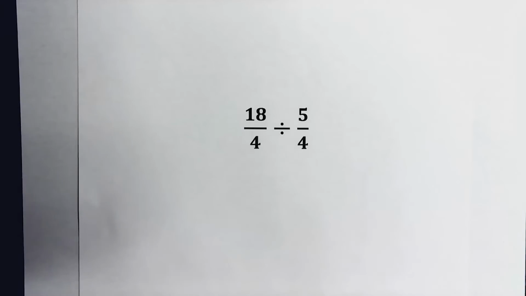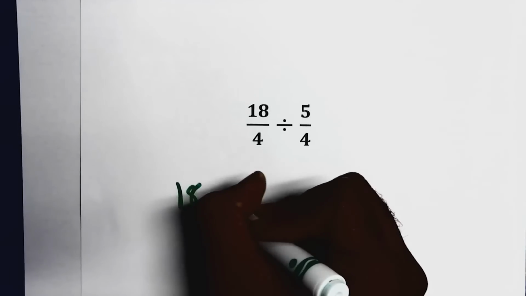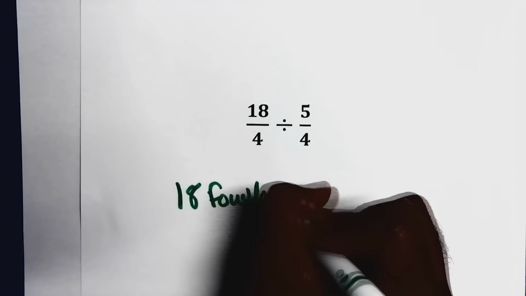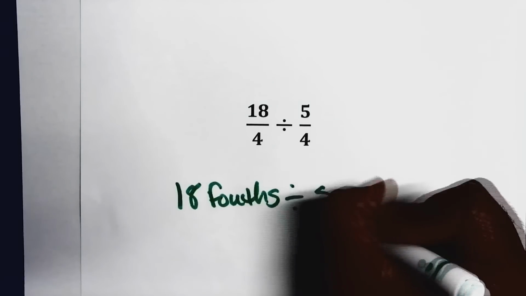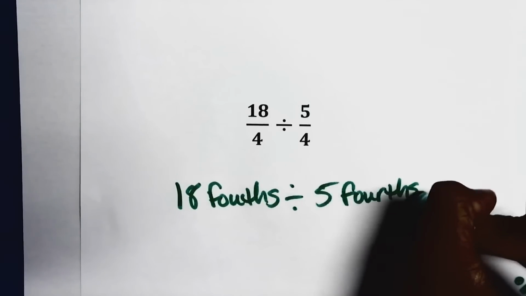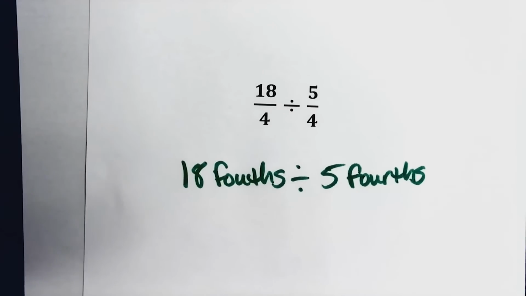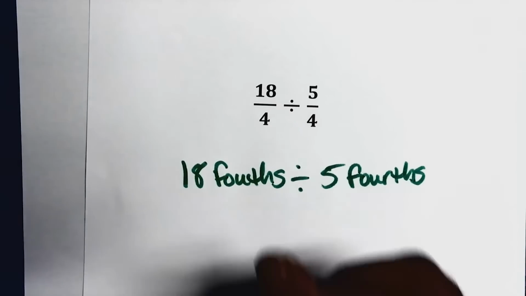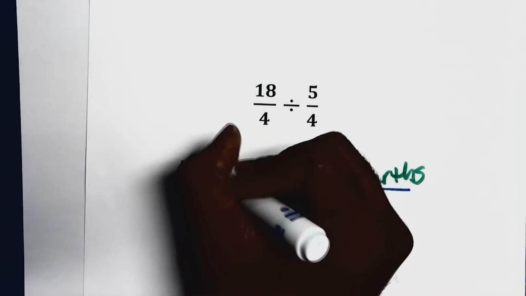So I'm going to write this out. 18 fourths divided by 5 fourths. Still the same.